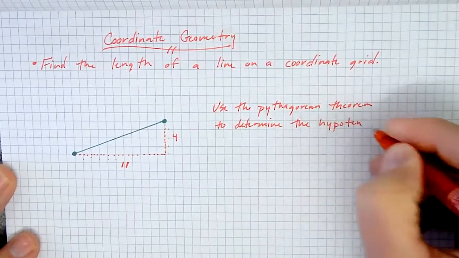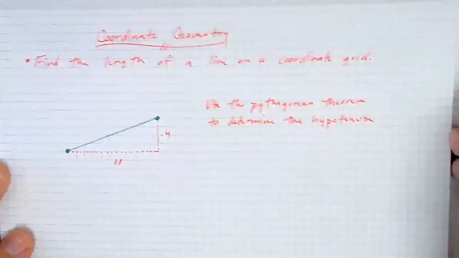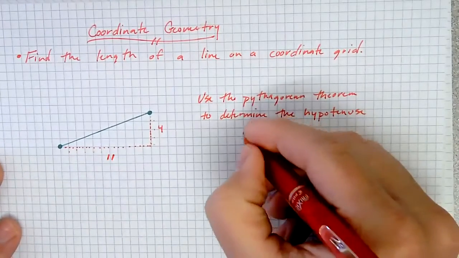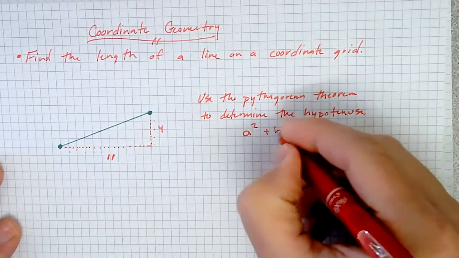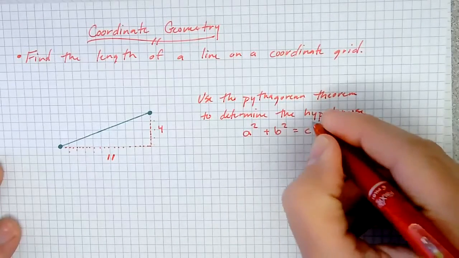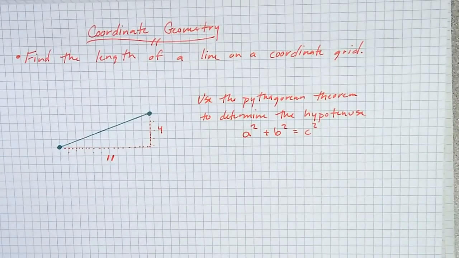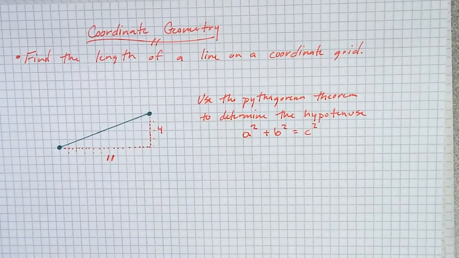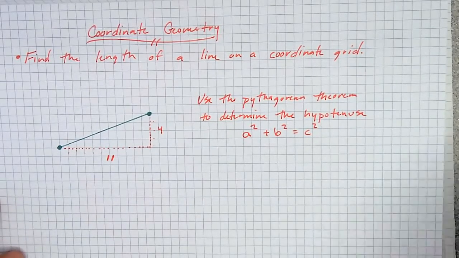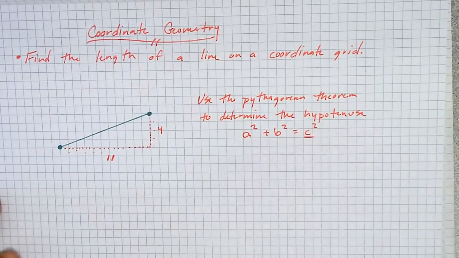So again, we use the Pythagorean theorem to determine the hypotenuse. Pythagorean theorem, a squared plus b squared equals c squared. And so we'll always be solving for c.